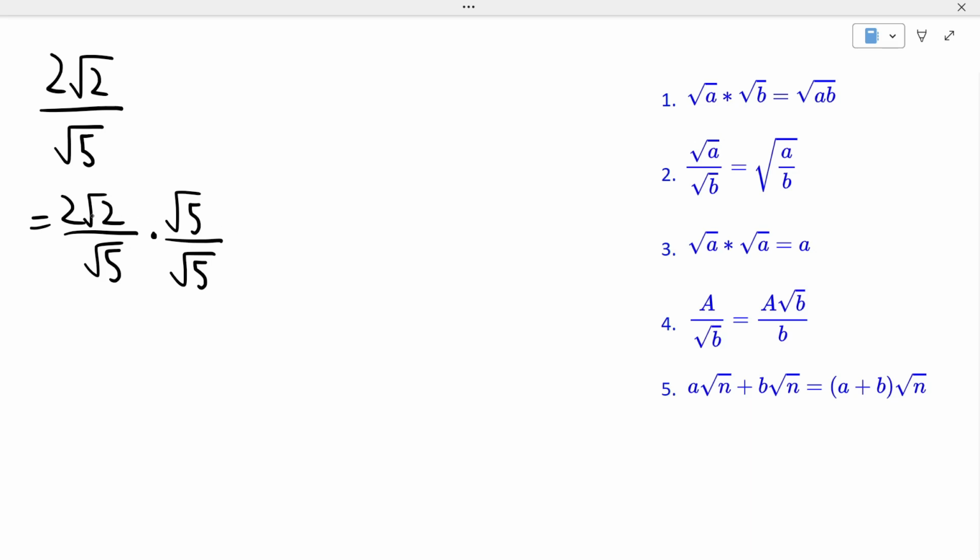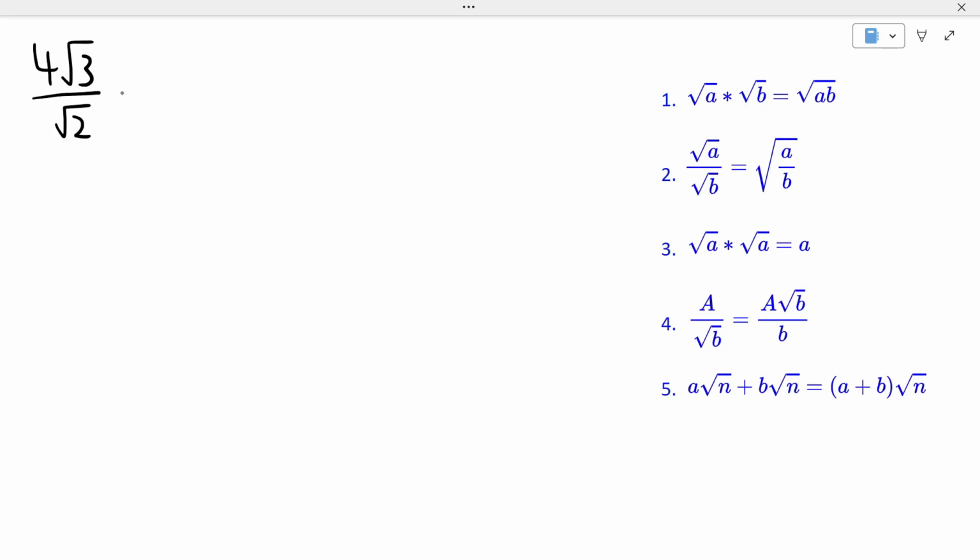We can simplify this by multiplying the top parts of the fraction, which results in 2 square root of 10, because square root of 2 times the square root of 5 is equal to the square root of 10, and the square root of 5 times the square root of 5 in the denominator is equal to 5. And now this expression doesn't have any square roots in the denominator, so this expression is in simplified form. And this is our final answer.